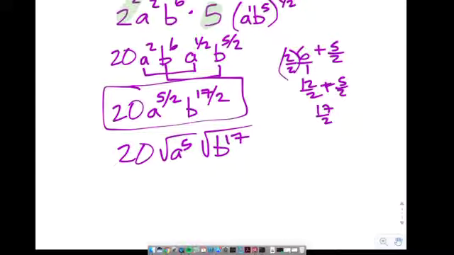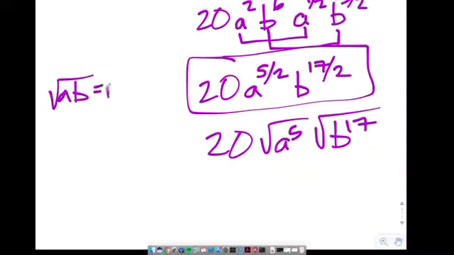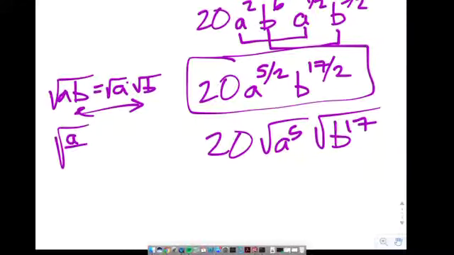Now in this case, that might not even be the multiple choice answer, because what do you know about two factors that are both square roots? There was this property that said the square root of ab is equal to the square root of a times the square root of b. And they work both directions. Same thing when you're dividing. The square root of a over b is the square root of a over the square root of b, and they work both ways.